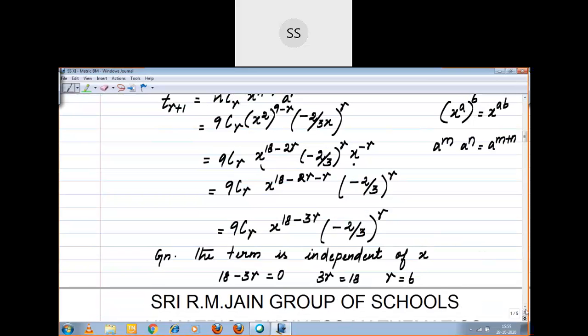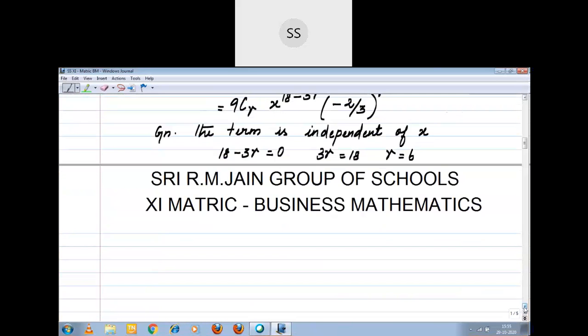Now T(r+1), that is T7, equals 9C6, with r replaced by 6, (−2/3)^6 x^0.